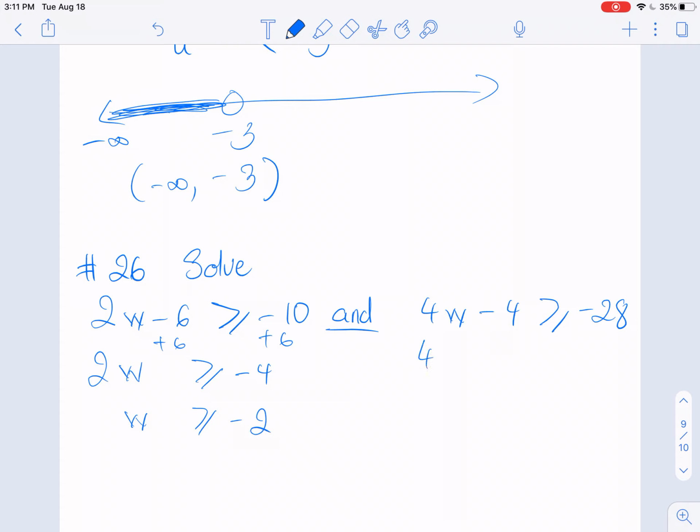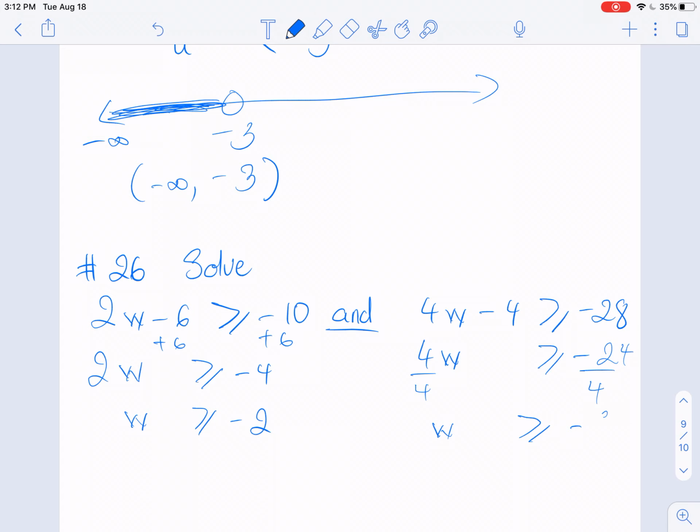For this one, same thing. You add 4. So negative 28 plus 4 is negative 24.